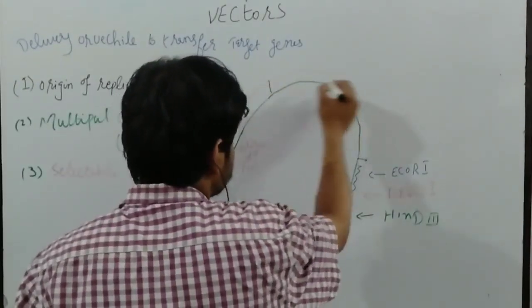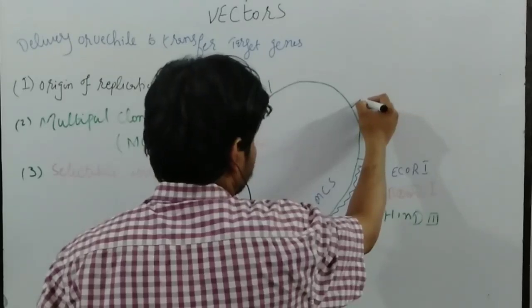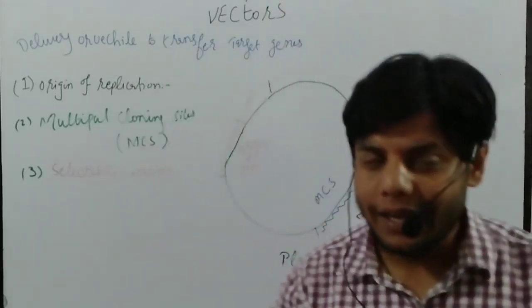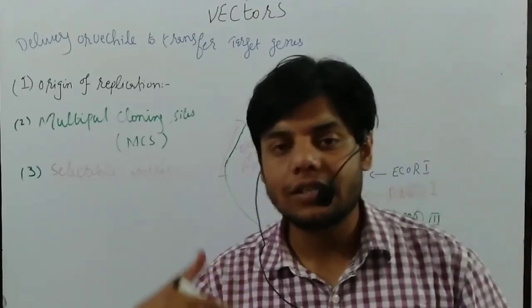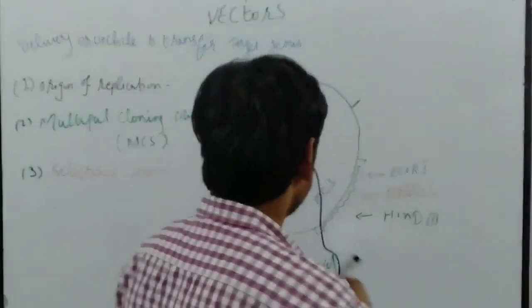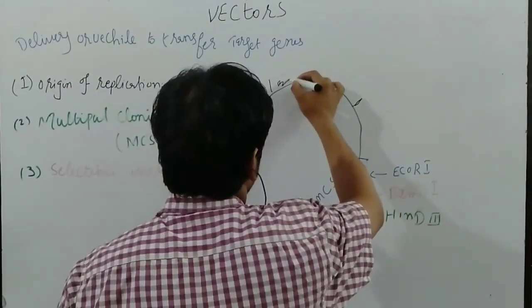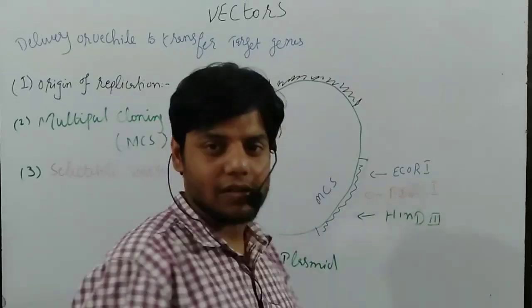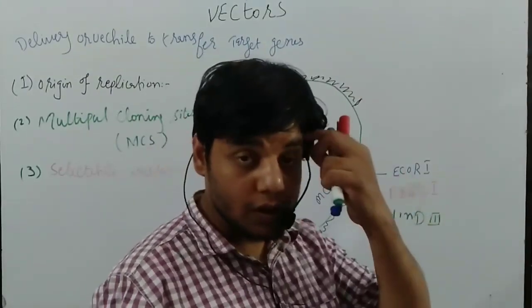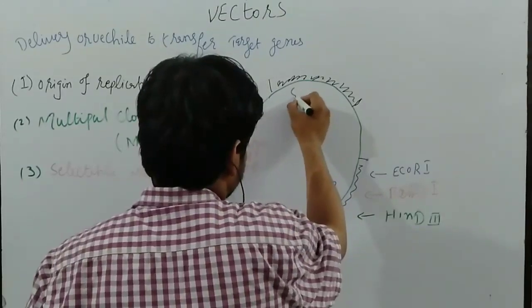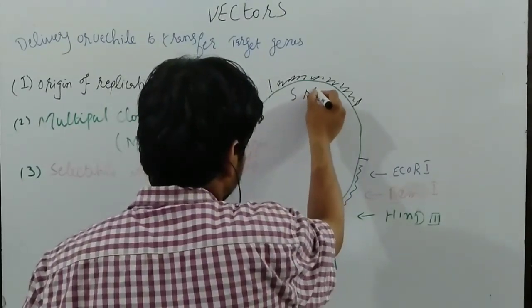At some specific area of the vector, there are sequences that can produce resistance genes, or antibiotic resistance genes. These are called selectable markers.